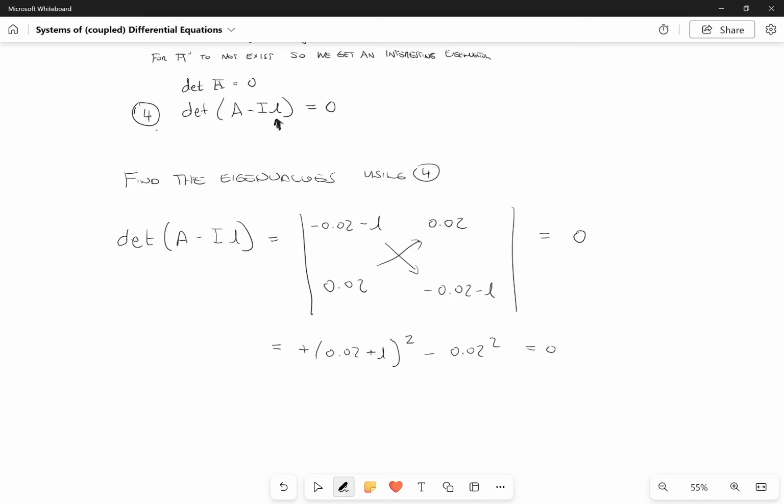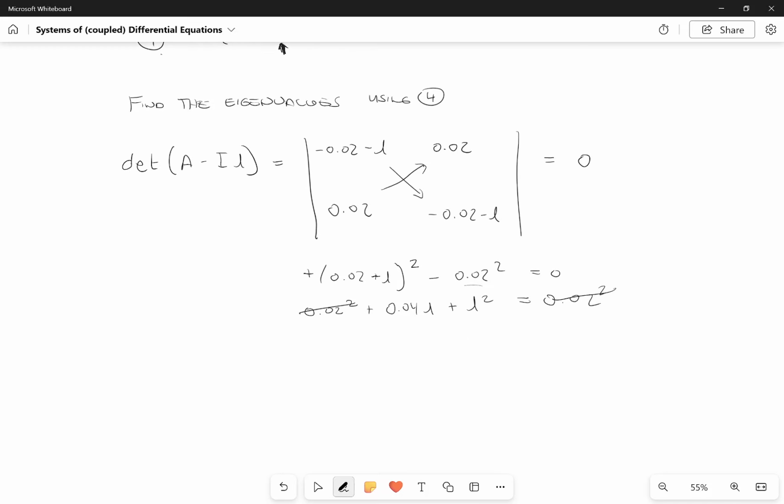So what we have is, okay, this must be equal to 0, so I'll just leave it like that. So we have 0.02 times 0.02 is 0.02 squared, plus 0.02 times lambda plus 0.02 times lambda is 0.04 lambda plus lambda squared equals, I'm going to bring this 0.02 squared to the other side, and these two can cancel with each other.